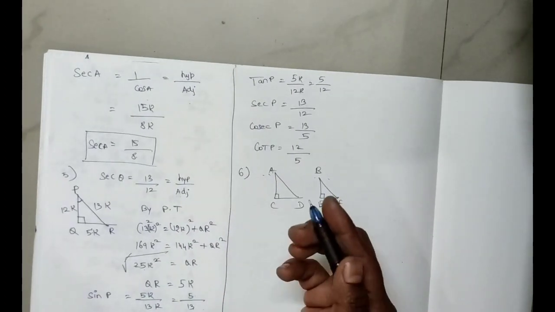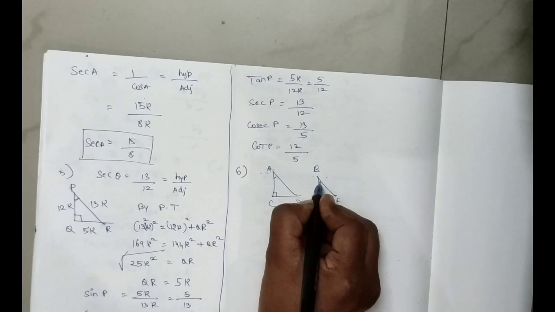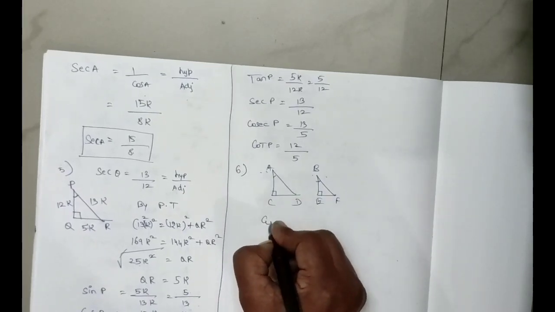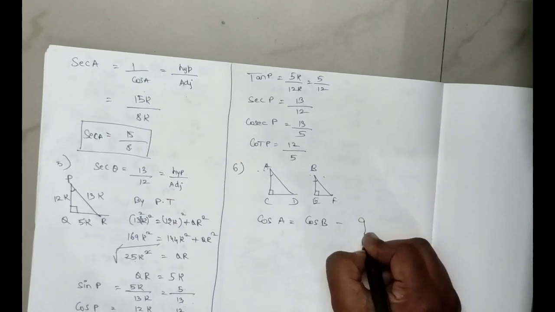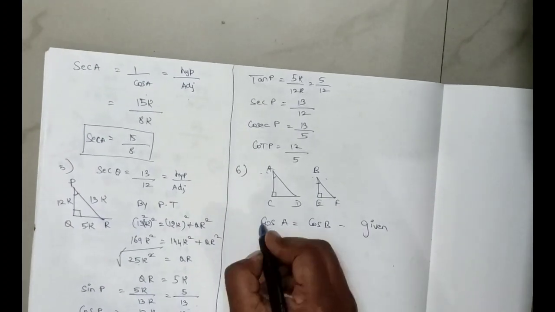And what is given is cos of A is equal to cos of B. Cos A equals cos B. This is given.